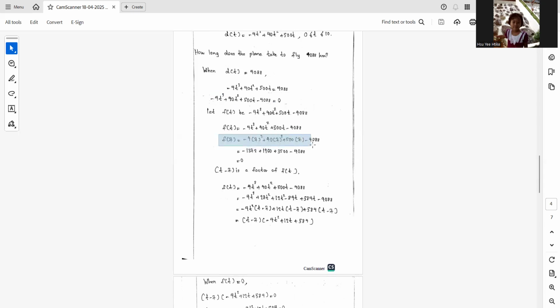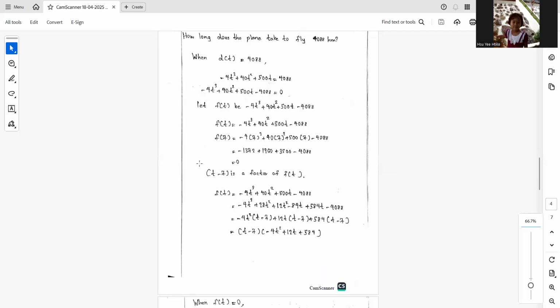Here, when we substitute 7 in place of t, we get 0. So this means that as f of 7 is equal to 0, t minus 7 is a factor of f of t.